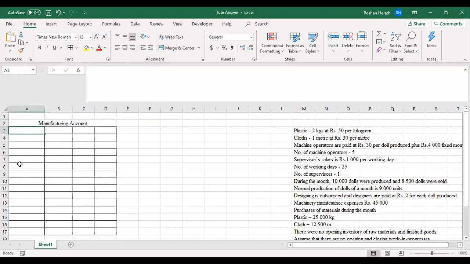The first one is direct material, and then direct labor, and also the direct other expenses if there are any. Direct expenses, with other expenses we call it, and the manufacturing overhead.